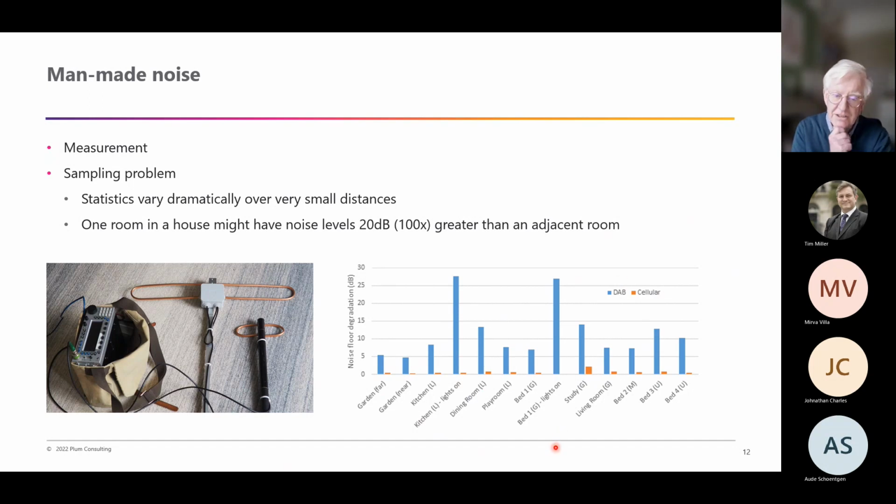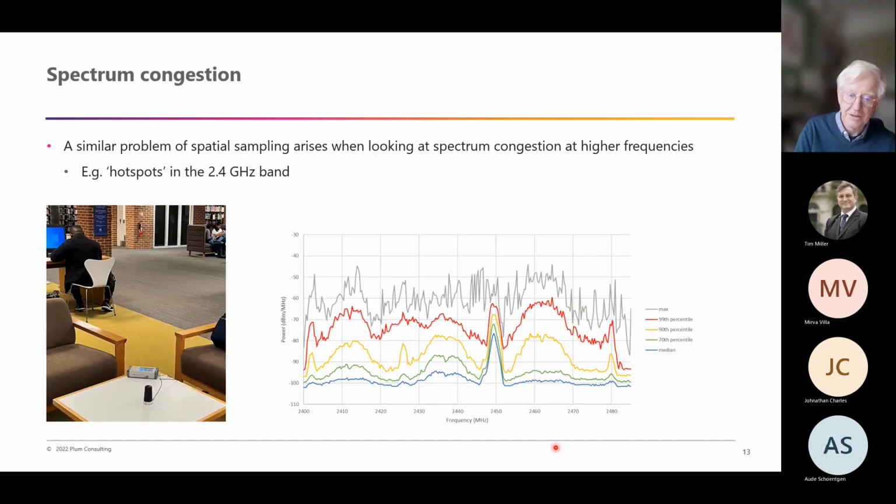And this is replicated in many domains, and it's one of the drivers that has led users of radio services over the years to migrate to higher and higher frequencies. Obviously, another driver is the much larger bandwidths available, but the freedom from man-made noise is also a useful benefit of moving to higher frequencies.